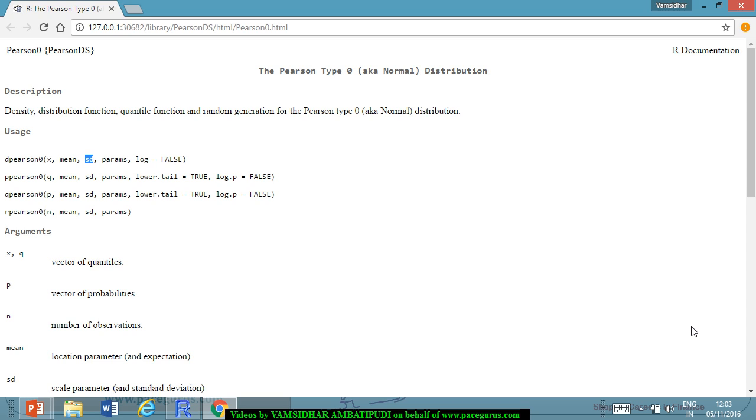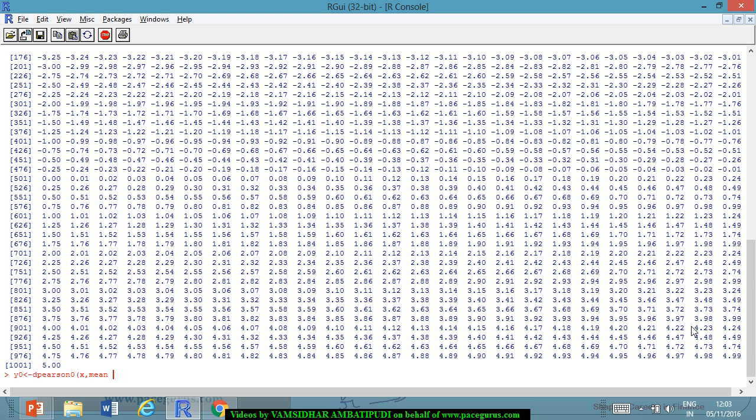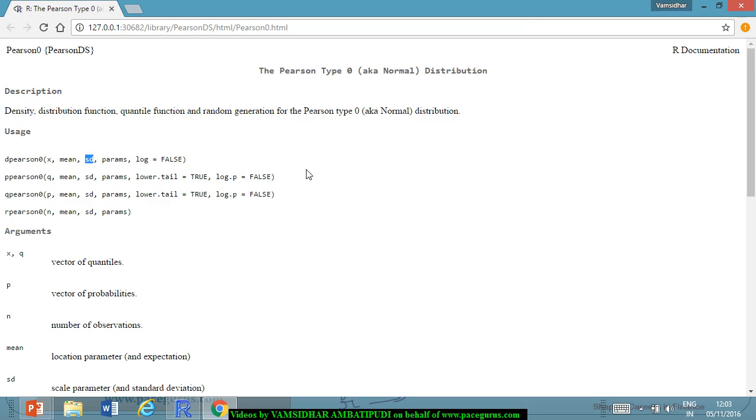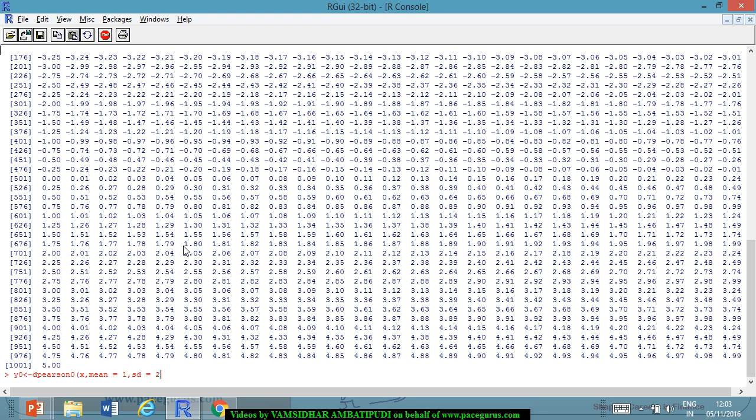Then I have to give the mean. Let's take a mean as 1, and let's take the standard deviation as 2. So SD equal to 2. Mean I have to give, SD I have to give. So this has generated my d Pearson. I have given the mean as 1.